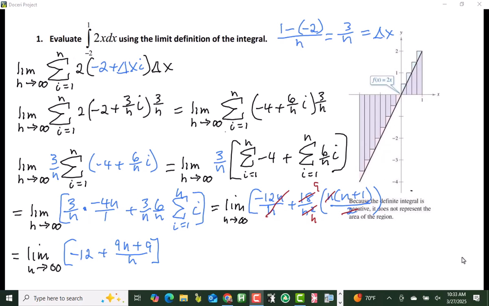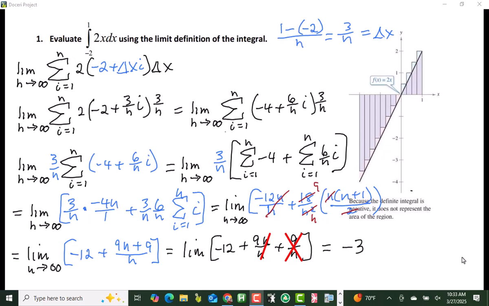But did I do that? No, because I want to show all my steps just in case somebody's having trouble with this. So there we go. The 9 over n out here on the right-hand end is going to go to 0. The n's are going to cancel on this one. So I've got -12 plus 9 gives me -3. Anybody have a problem with that?